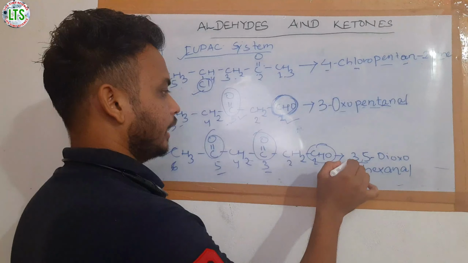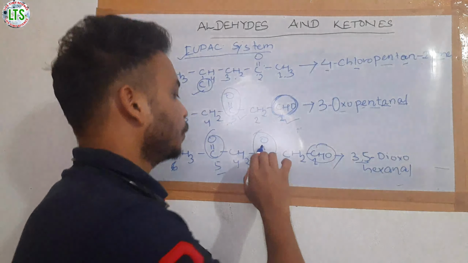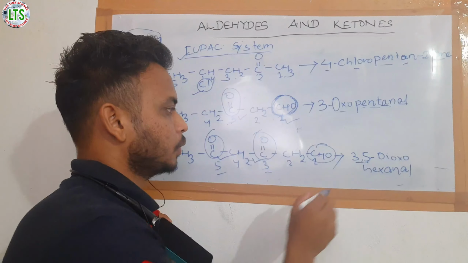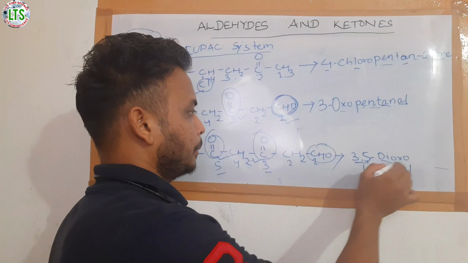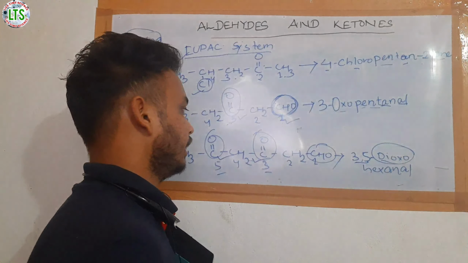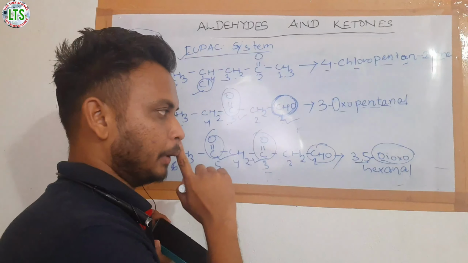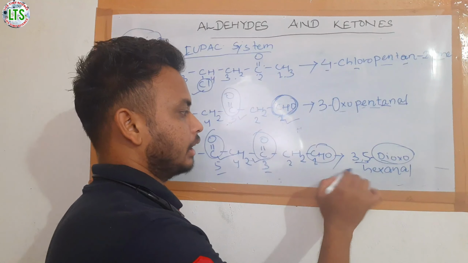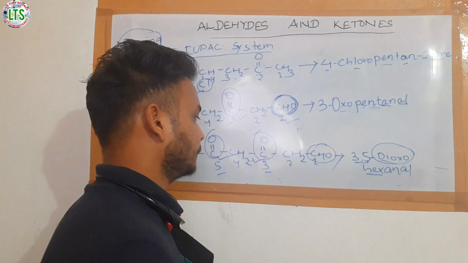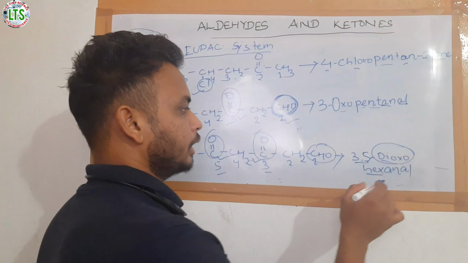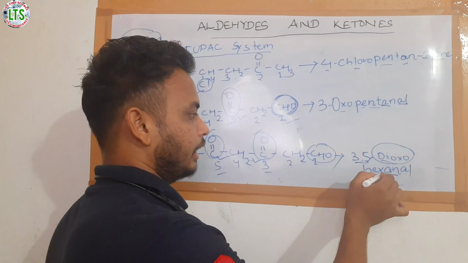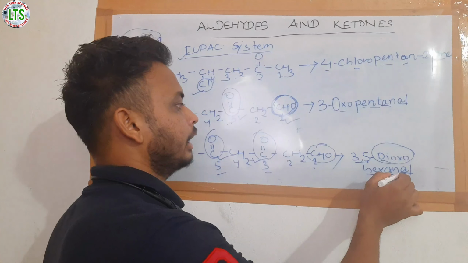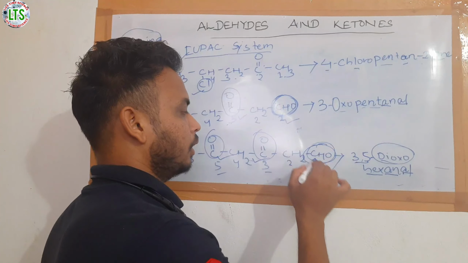First 3, 5, as there are 2 ketonic groups in the carbon number 3 position and carbon number 5 position, so we can write 3,5-dioxo, di is written as there are 2 ketonic groups. Then the word root, as there are 6 carbon atoms, so we can write hex, as there are single bonds in between the carbon atoms, so we can write AN, and lastly the suffix Al or CHO or aldehydic group.